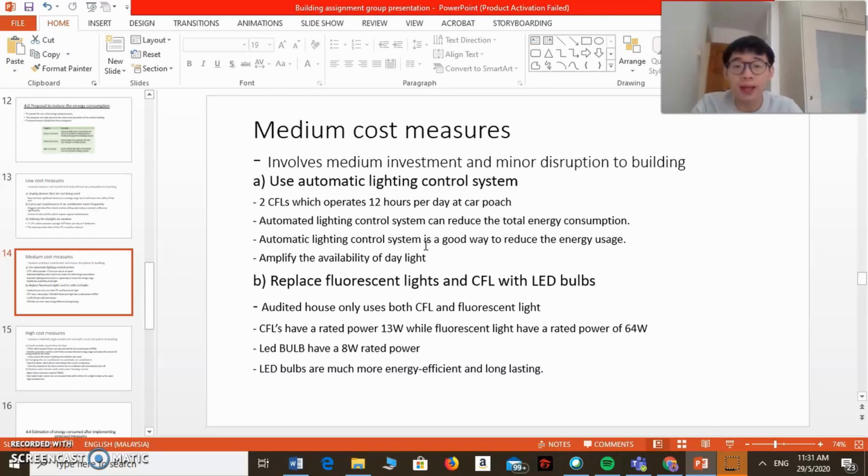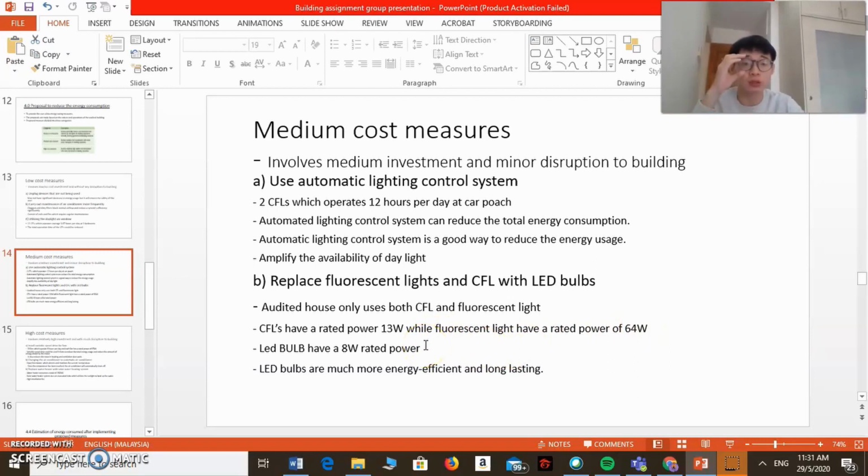The main reason behind it is that the fluorescent light and CFL, which are currently being used by the user, have a much higher rated power when compared to LED bulbs. The CFL has a rated power of 13 watts, while the fluorescent light has a rated power of 64 watts. On the other side, the LED bulb only has a rated power of 8 watts.